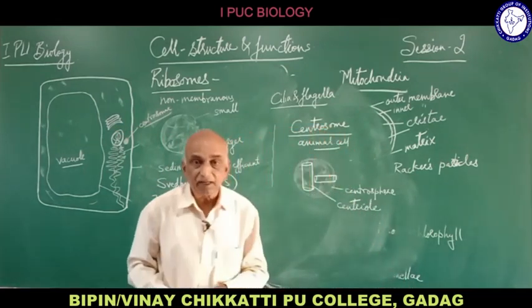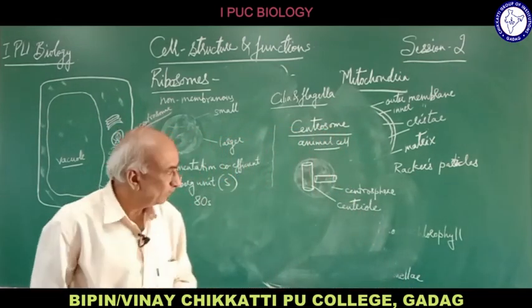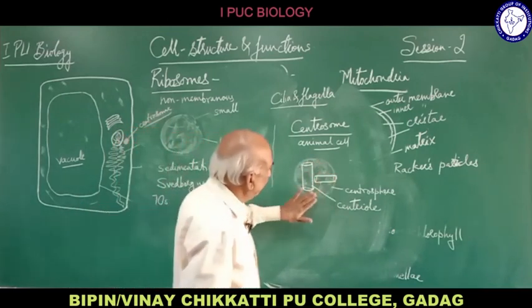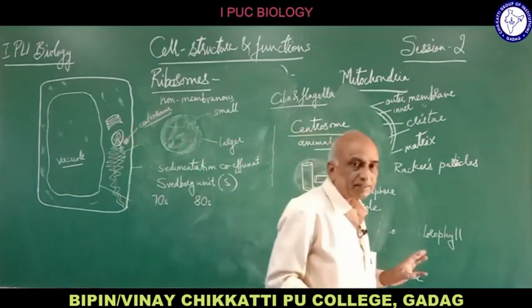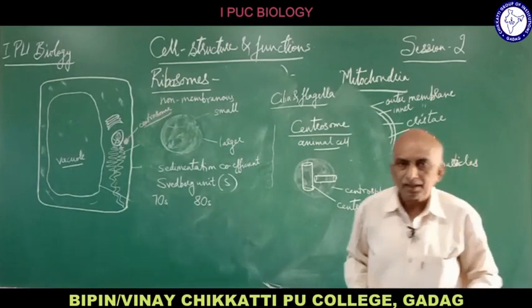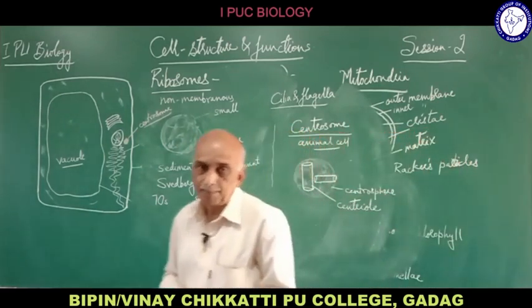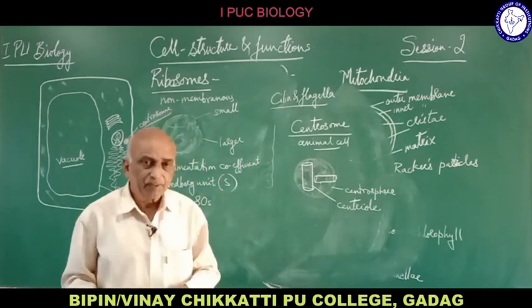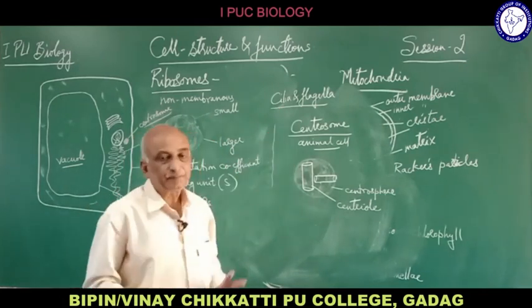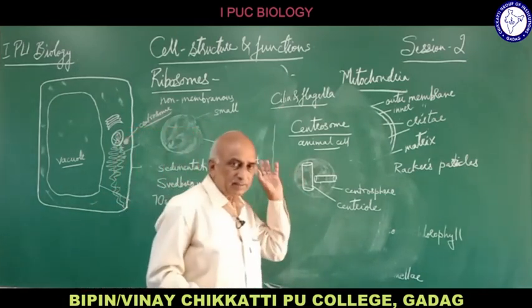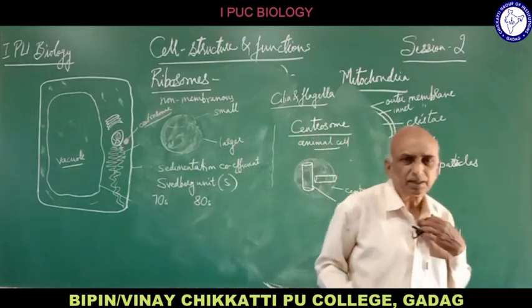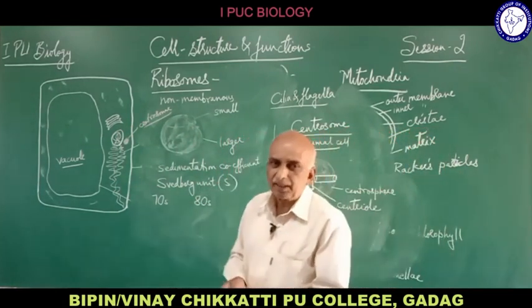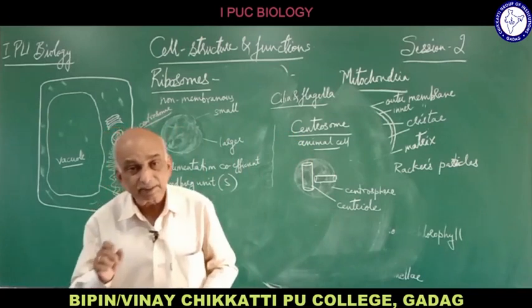Centrioles are cylindrical hollow structures which are present in a dark amorphous proteinaceous material referred to as the centrosphere. Now each centriole contains microtubules like cilia and flagella. So cilia and centrioles are similar, but structurally there are slight differences.